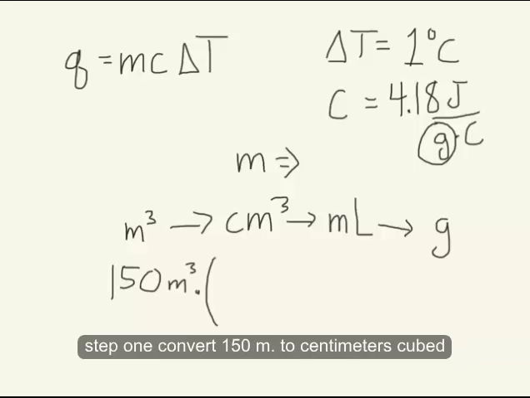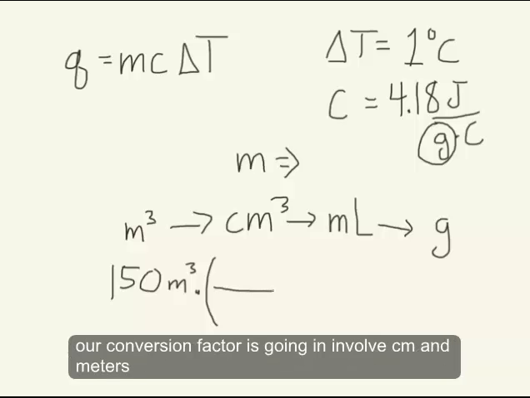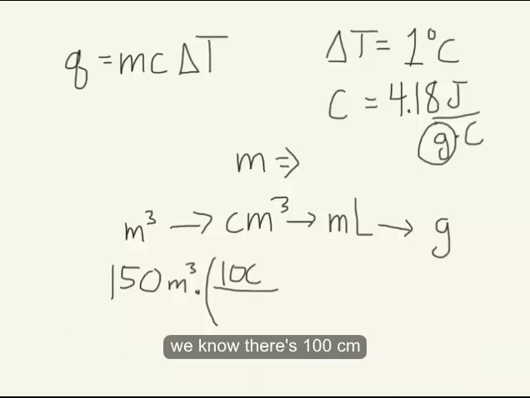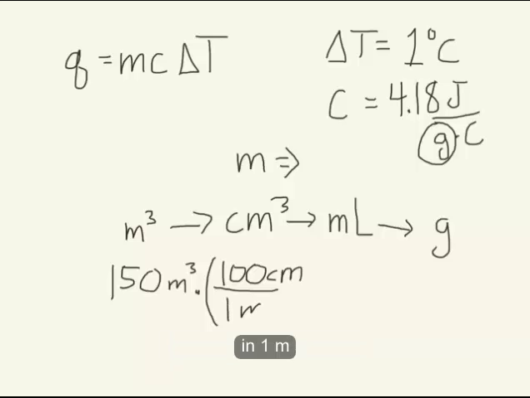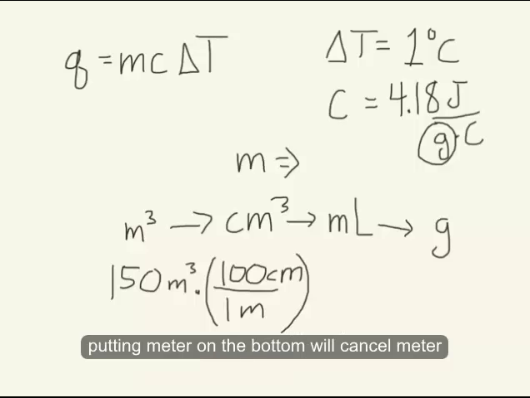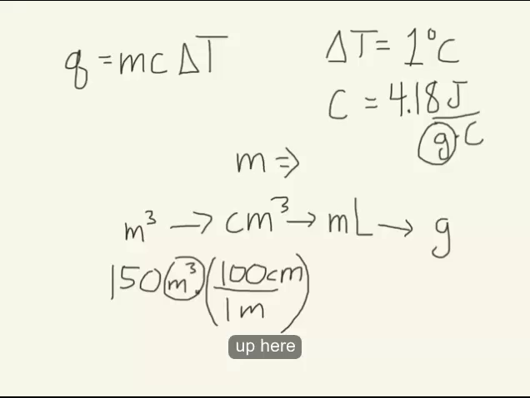Step 1, convert 150 meters cubed to centimeters cubed. Our conversion factor is going to involve centimeters and meters. We know there's 100 centimeters in 1 meter. Putting meter on the bottom will cancel meter up here.